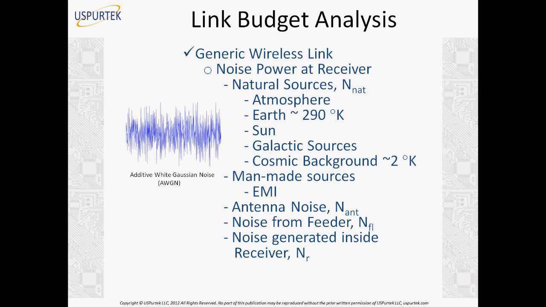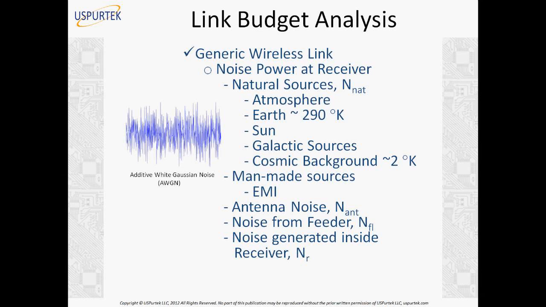Okay, so now let's look at all the different types of noise power sources at the receiver. First, we have natural sources. Natural sources come from the atmosphere, the Earth, the sun, galaxies, and the cosmic background. This comes from the physics of our universe.